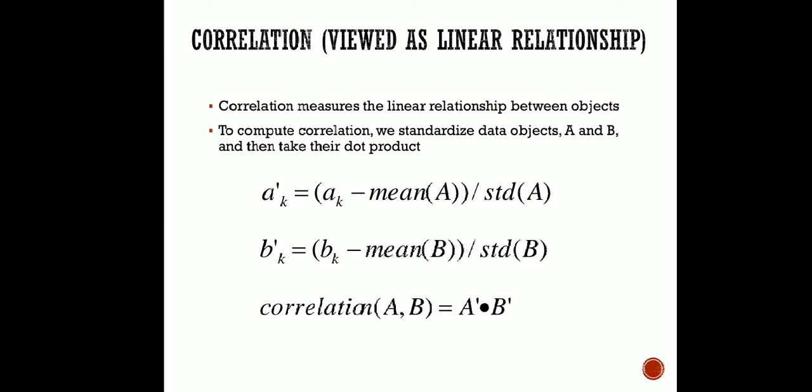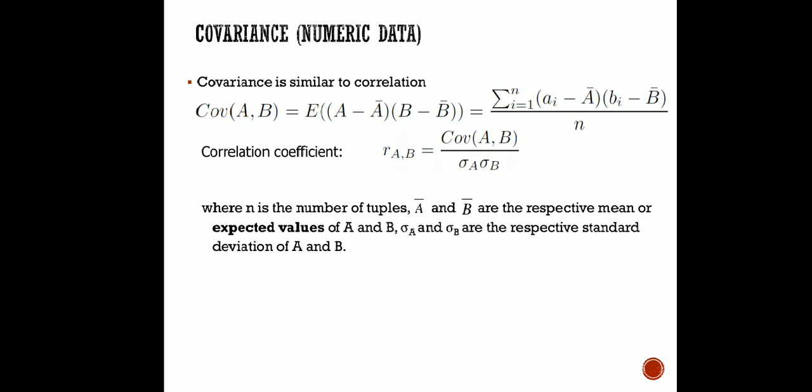an example. This is the same thing, we are just trying to depict this value as a linear function, as a linear model. You can see here another way of representing this covariance between A and B, that is called the expected values.